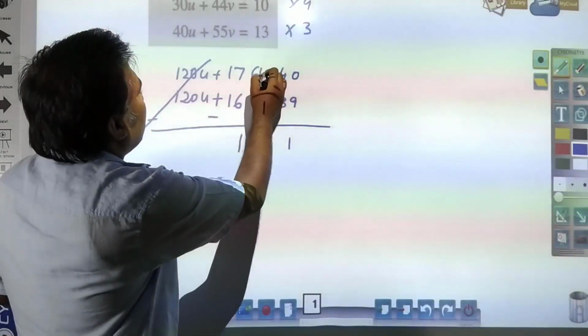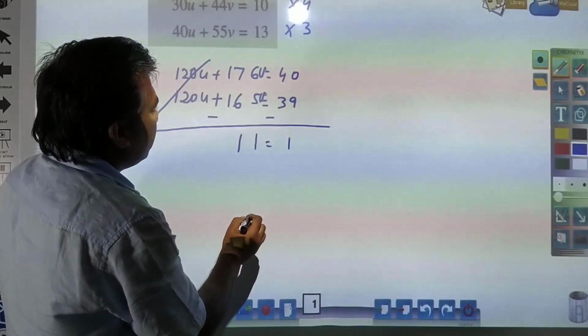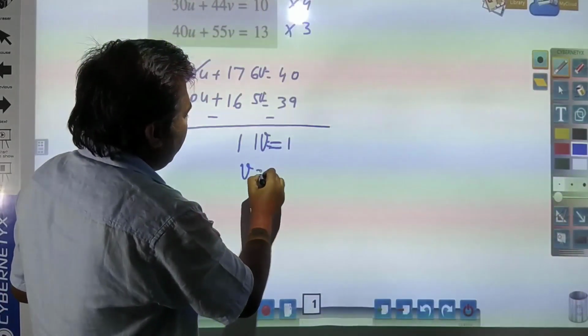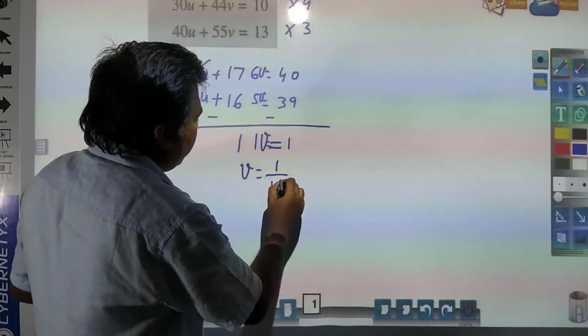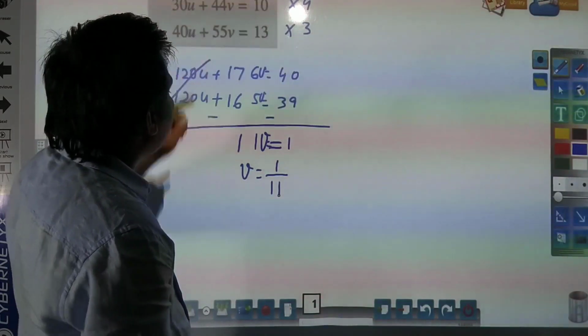This is v. So here you will get 11v is equal to 1, so v will be equal to 1 by 11. Now this is required to be substituted in any equation.